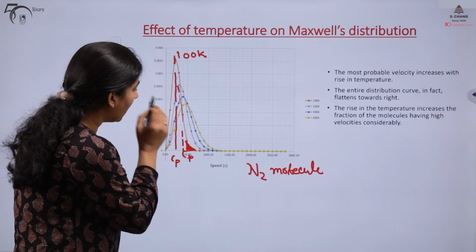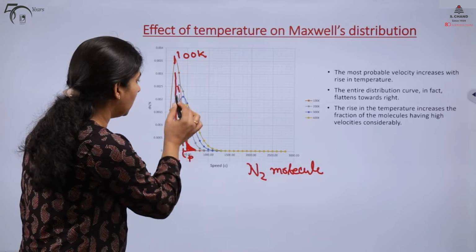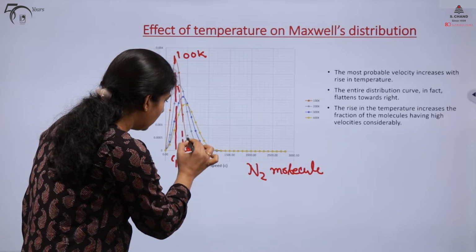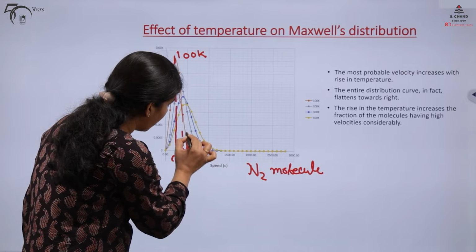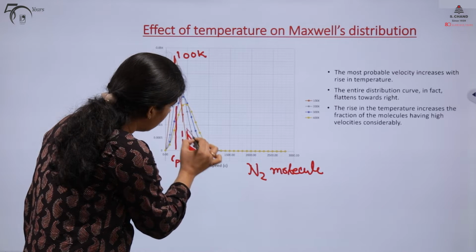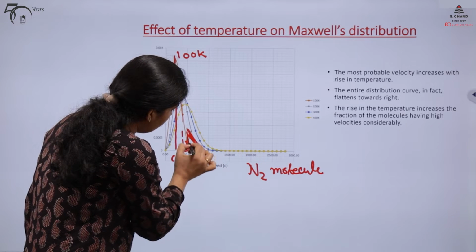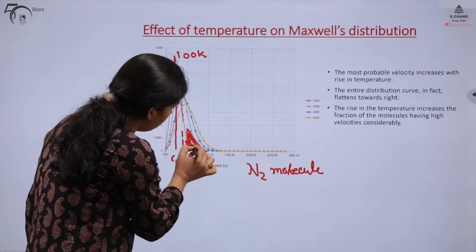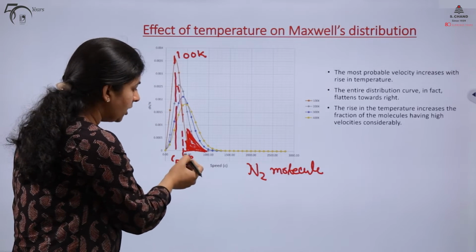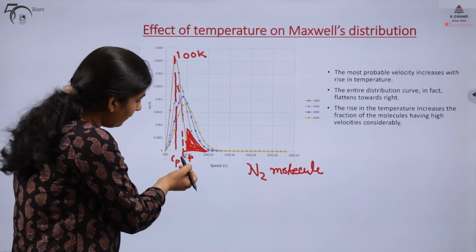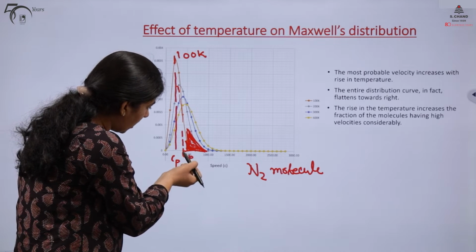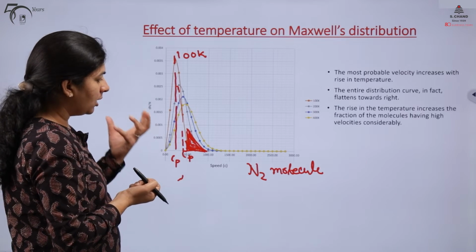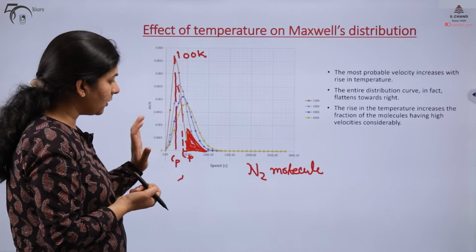But if we compare it with 200 Kelvin, we see that this fraction has almost doubled. So this is the fraction of the molecules which are now moving with higher velocity. Earlier at 100 Kelvin, only a small range, a smaller number of molecules, were moving with higher velocity.